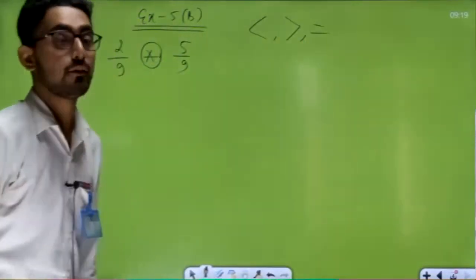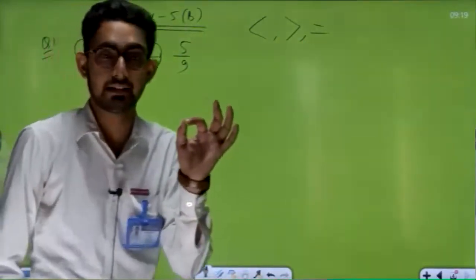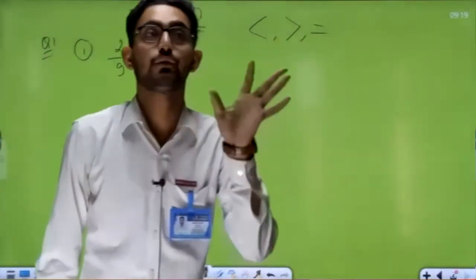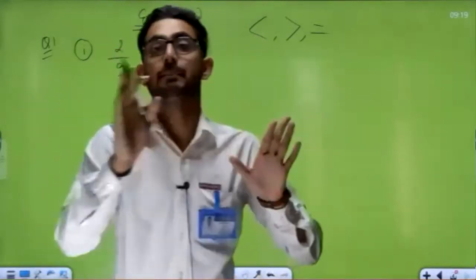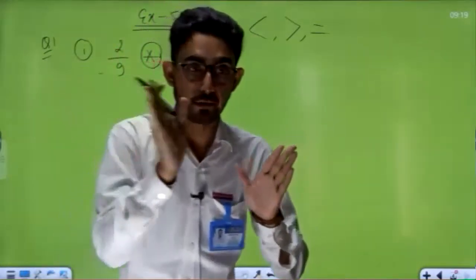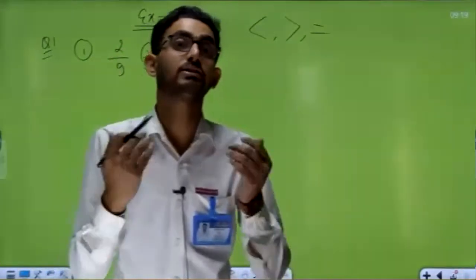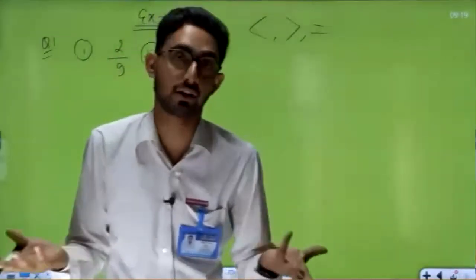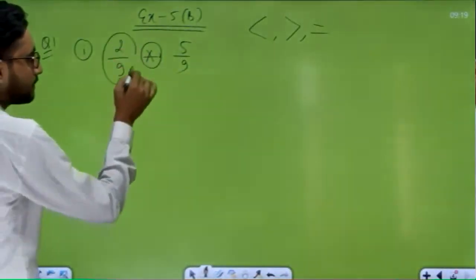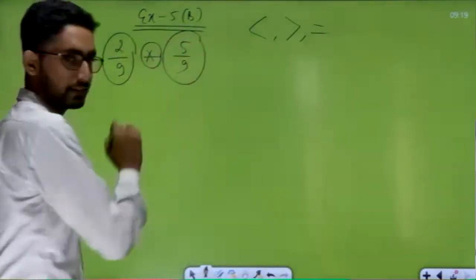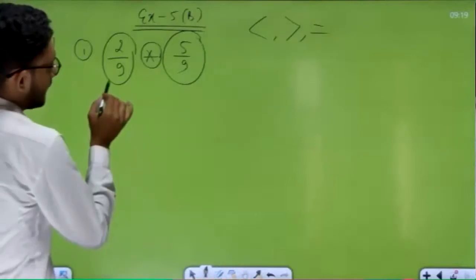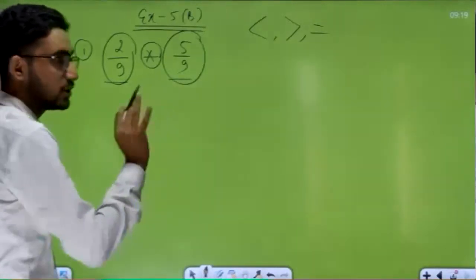Let's see. Actually, remember, when denominators are the same, then we can easily find out which is greater and which is smaller. Very simple way. See like this: 2 upon 9 is there and here 5 upon 9 is there. Correct? Now 9 and 9, both denominators are the same.